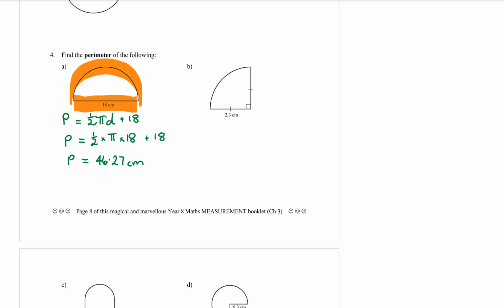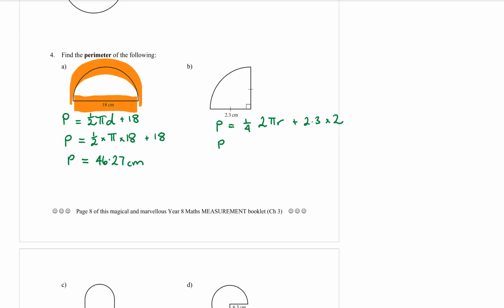That means to find the perimeter of this shape, I'm going to have a quarter of a circle, and the formula is a quarter of 2 pi r, because that's the formula that involves the radius. I'm also going to have to add on the straight sides. Now there are 2 straight sides that are both 2.3, so you can go 2.3 plus 2.3, or if you want to make it a little bit quicker, you can just go 2.3 times 2, because there's 2 of them.